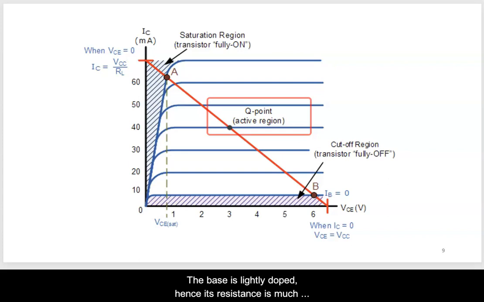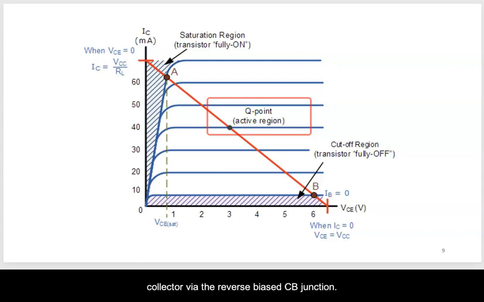The base terminal is lightly doped, hence its resistance is much greater than that of the reverse bias CB junction. Therefore, most of IE comes from the collector via the reverse bias CB junction. In a nutshell, BJT will follow its current and voltage rules when operating in active region.